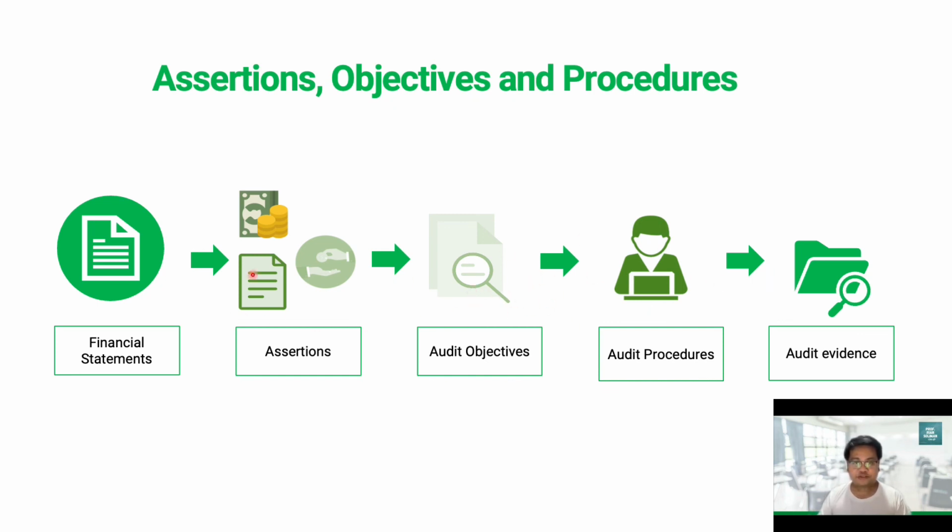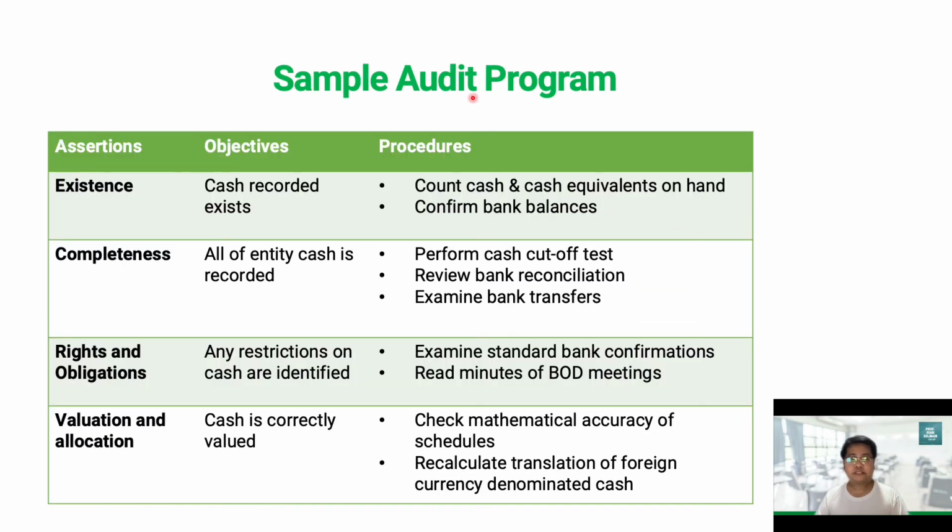Usually this relationship is found in our audit program. This is an example of an audit program. These are the assertions in the financial statements of our client, and we assign different objectives. For example, we are auditing cash. One of the assertions in account balances is the existence of cash. Our objective is whether the cash recorded by the client actually exists.